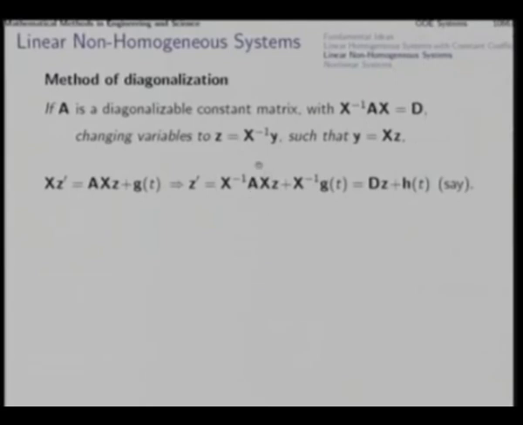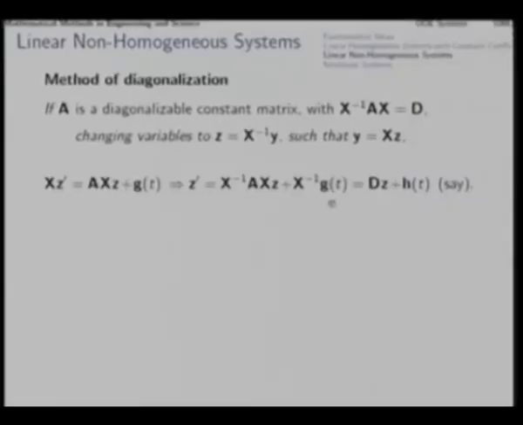So, this whole thing turns out to be D, and X inverse g(t) will simply give us in its components linear combinations of earlier members of g(t), that is g1(t), g2(t) will appear as linear combinations now in h(t). So, h(t) is a new function of t, which is X inverse g(t), and D is a diagonal matrix, and this is the prime achievement that we made through the basis change.